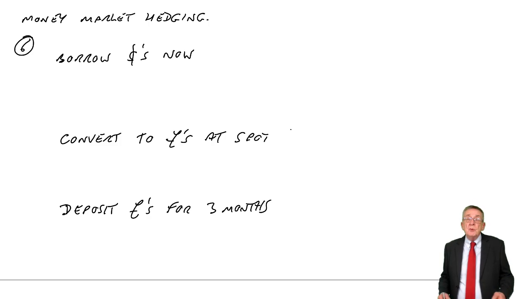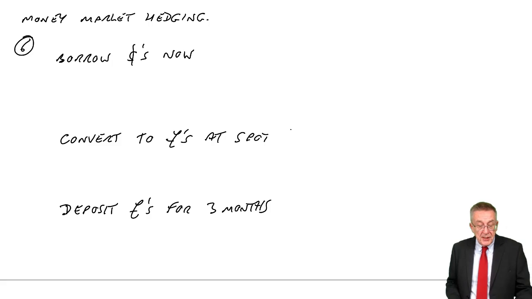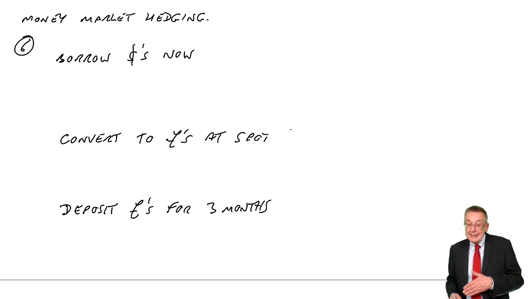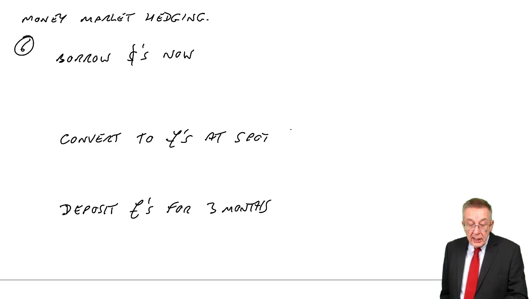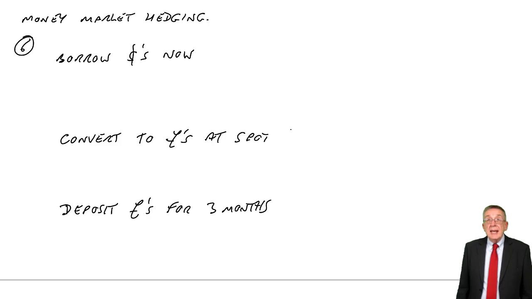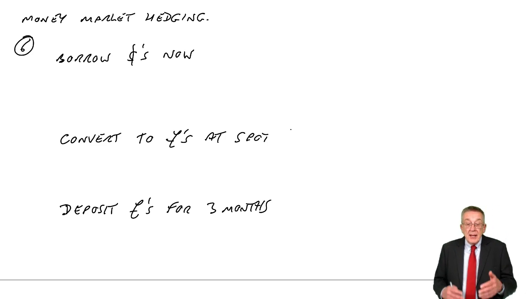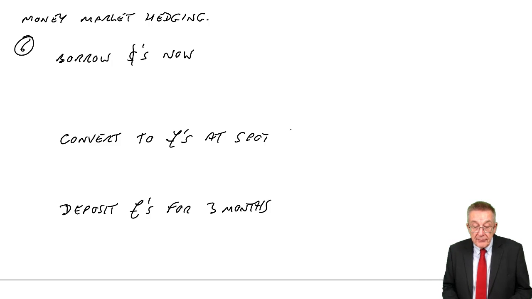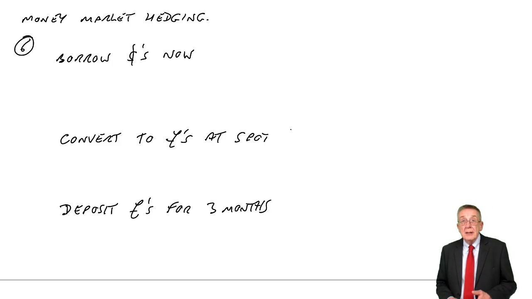Now, why have they given two rates? The reason two rates are quoted is depending on whether you're borrowing or depositing. And I think it's obvious which is which. It's dollars we're talking about, the US. Surely if you're depositing money, the banks will pay you the lower rate of 5.2%.